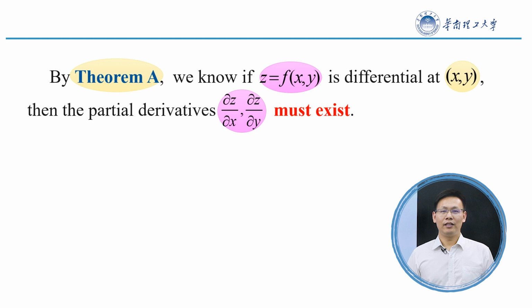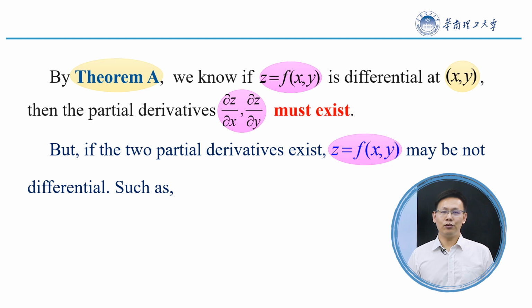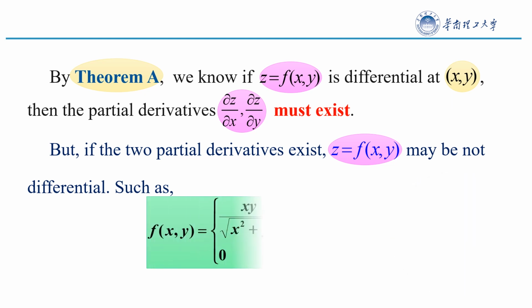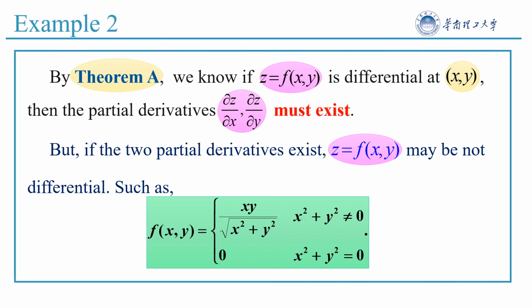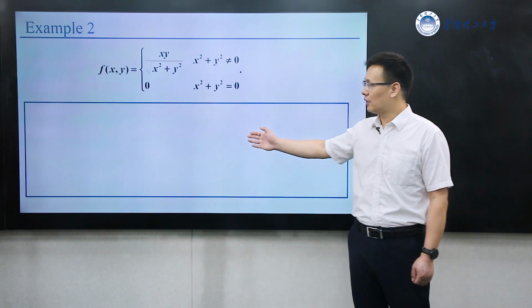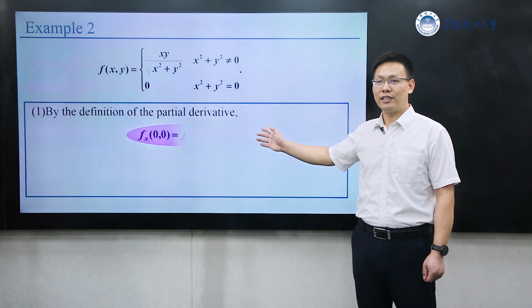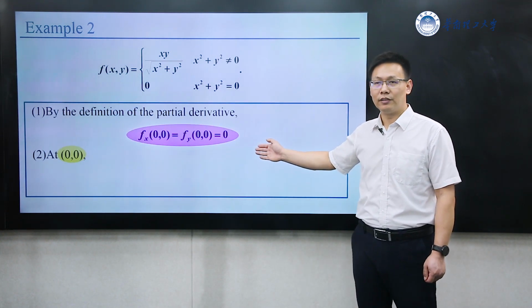By theorem A, we know if f(x,y) is differentiable at (x,y), then the two partial derivatives must exist. But if the two partial derivatives exist, f(x,y) may not be differentiable, such as this example. By the definition of the partial derivative, both fx(0,0) and fy(0,0) are 0.